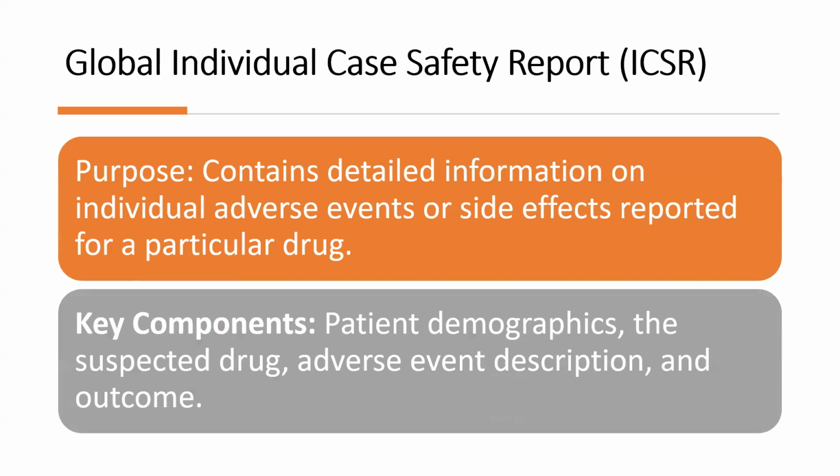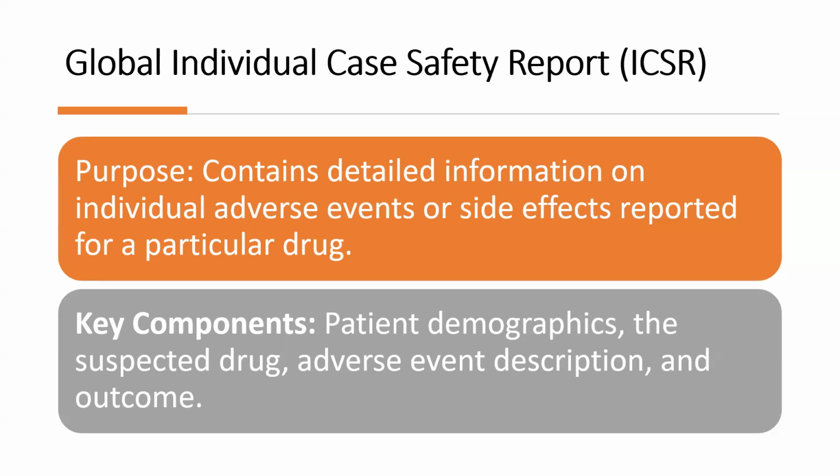So when we are saying the key document, the first document is the Global Individual Case Safety Report, that is ICSR. When we process an ICSR, it becomes a report, and that report is a key document because if that case is serious, we need to submit it to the regulatory authority, and if it is non-serious, then it will be a part of aggregate reporting.